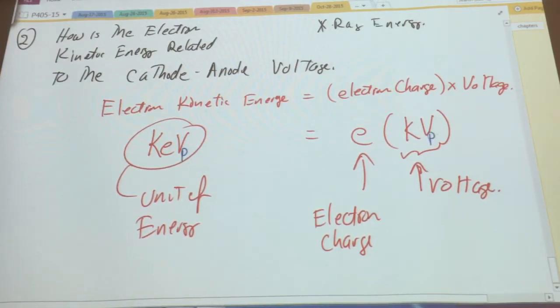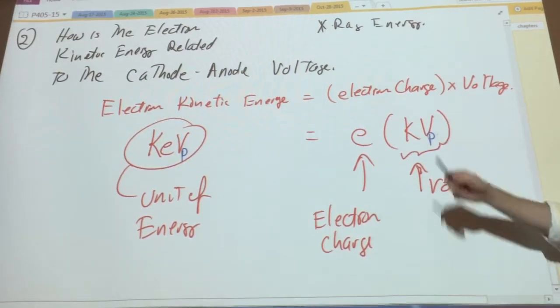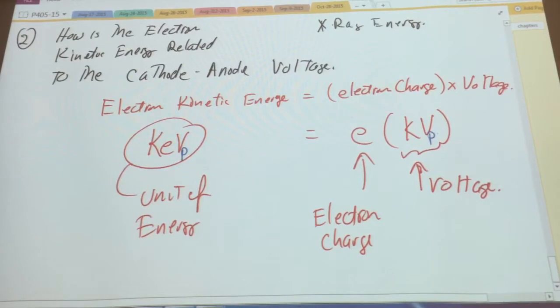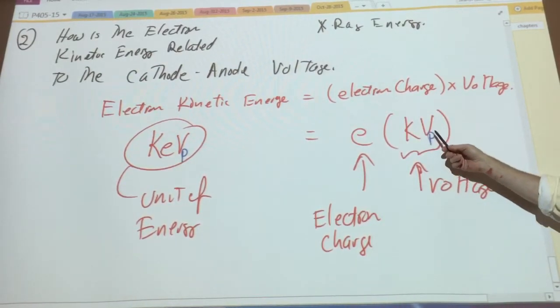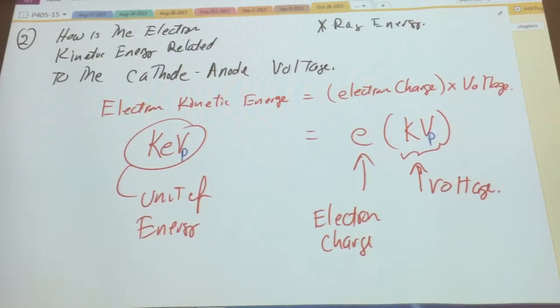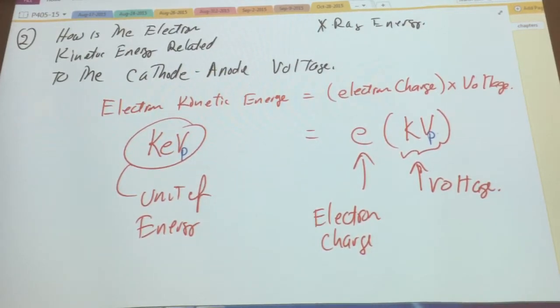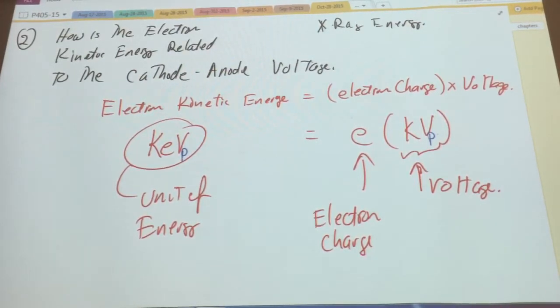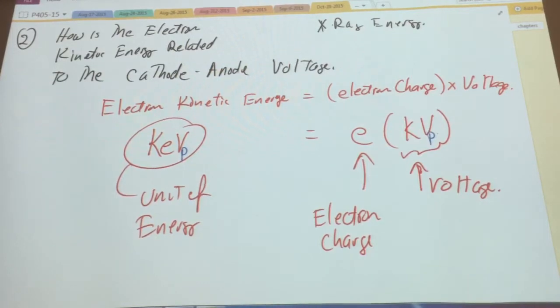So it's keV peak and the kVp, our peak voltage. So if you have a peak voltage of 110 kilovolts, what's our peak energy? 110 keV, kiloelectron volts. Easy enough, just a little something to watch out for.